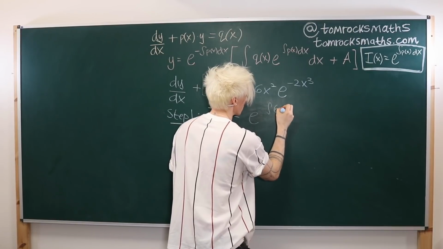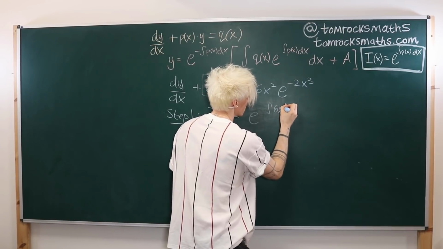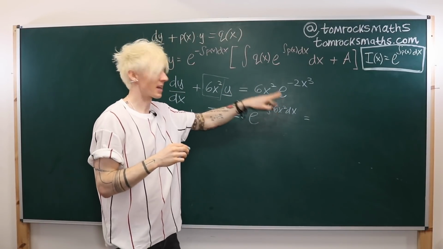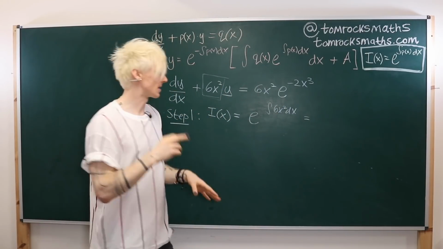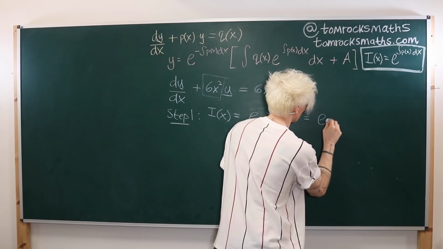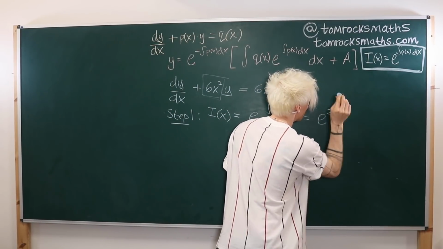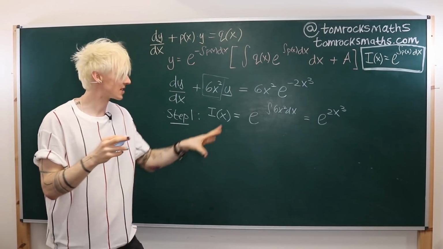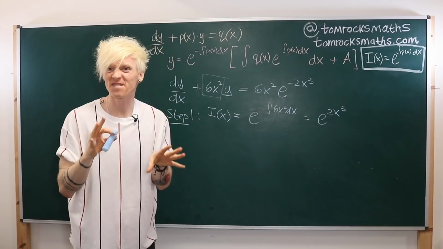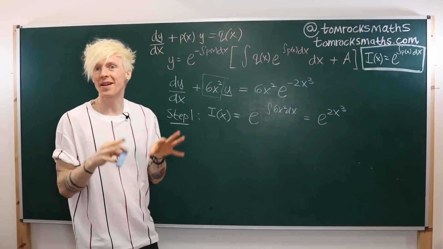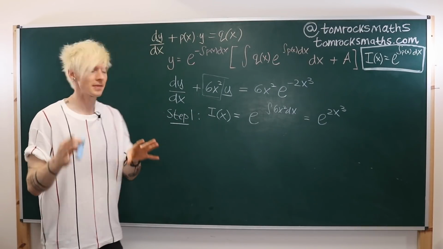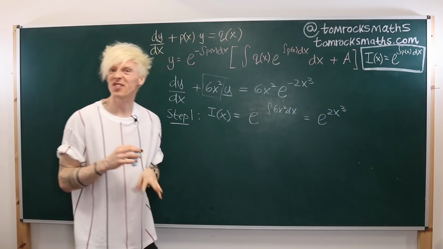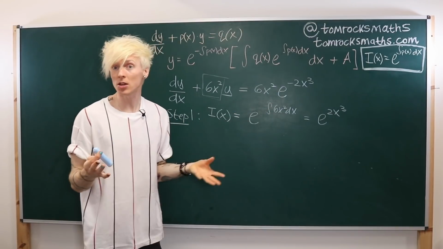So integrating 6x squared dx goes up to x cubed, divided by the 3, so it'll be e to the 2x cubed. So that gives me e to the 2x cubed. And we don't worry about integration constants when calculating the integrating factor, because we'll account for those at the very end.